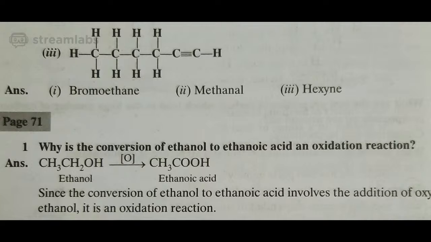It is so simple to prepare ethanoic acid from ethanol. How? By oxidation. Oxidation means adding of oxygen or removal of hydrogen. So ethanol can be converted into ethanoic acid by oxidation, but it won't be there for your exam. This part has been removed.